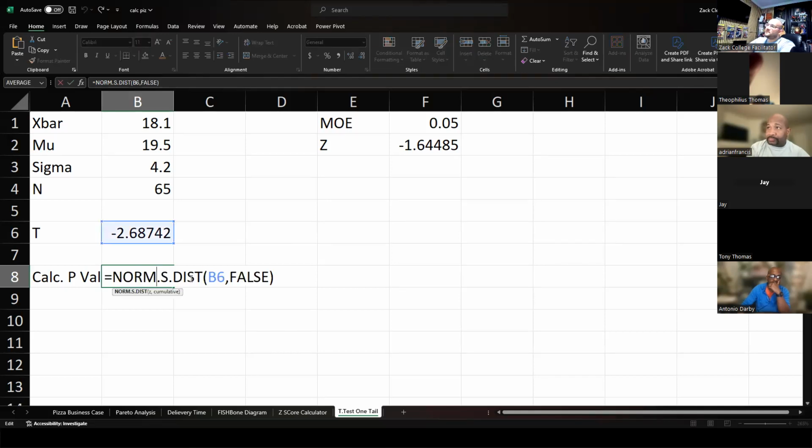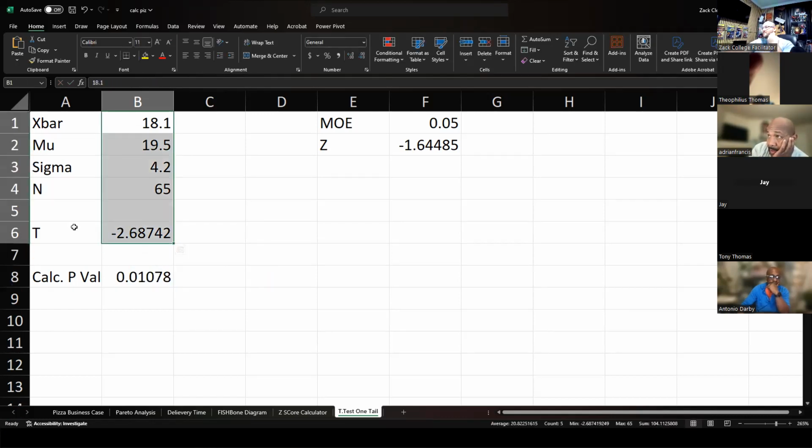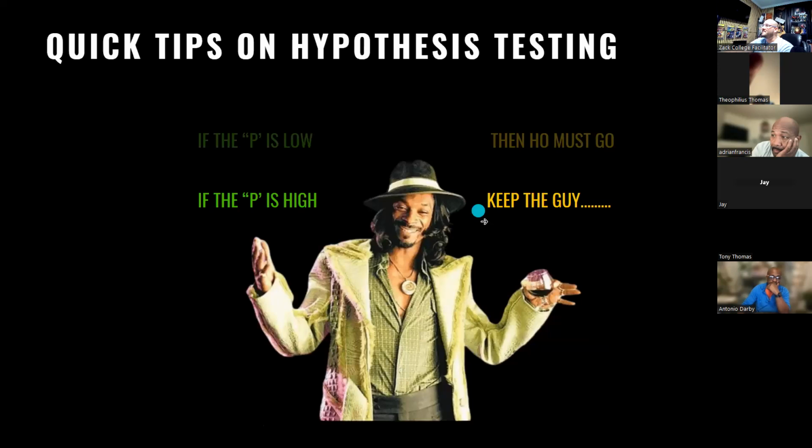So if p is low, the calculated probability that we had by calculating our t-test is lower than our margin of error, meaning it doesn't cut into essentially that 95% of data. If it's higher than that 5%, that 95% would really go down to 94% and it's inside of that margin, we're going to keep the guy.